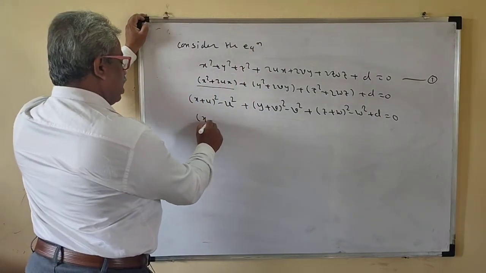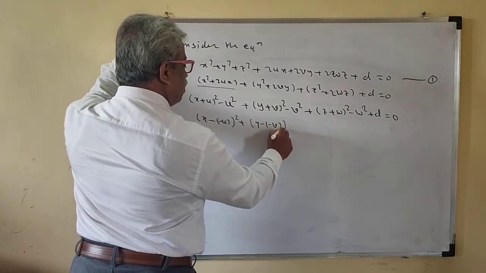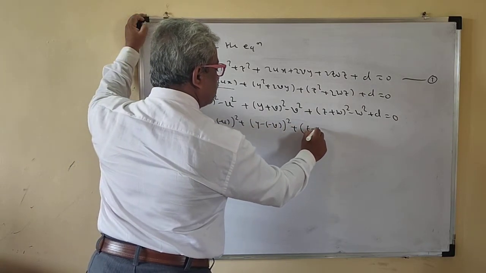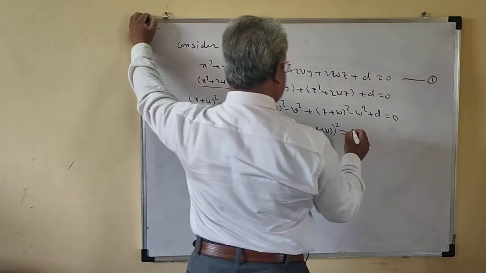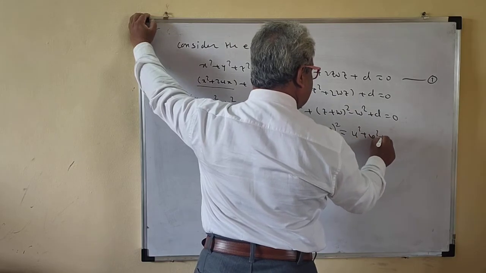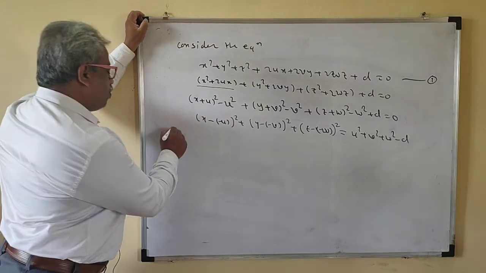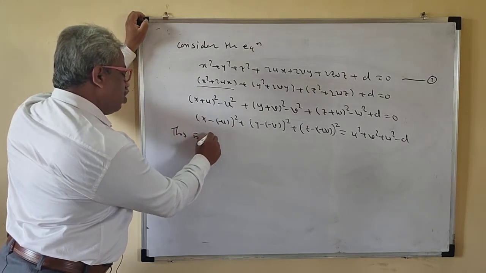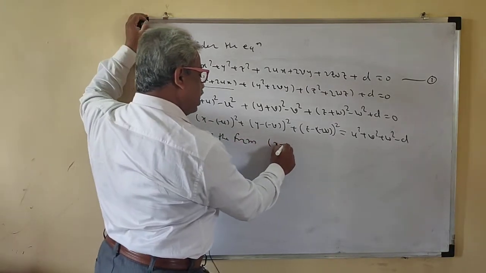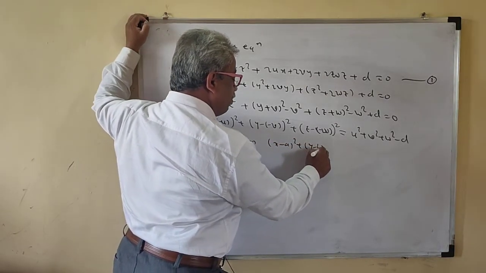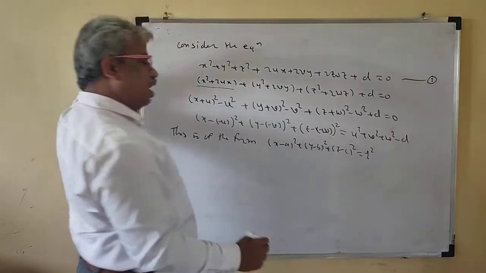So this is then (x minus of minus u) bracket square, (y minus of minus v) bracket square, (z minus of minus w) bracket square is equal to u square plus v square plus w square minus d. Right? So this is of the form (x minus a) bracket square, (y minus b) bracket square, (z minus c) bracket square is equal to r square.